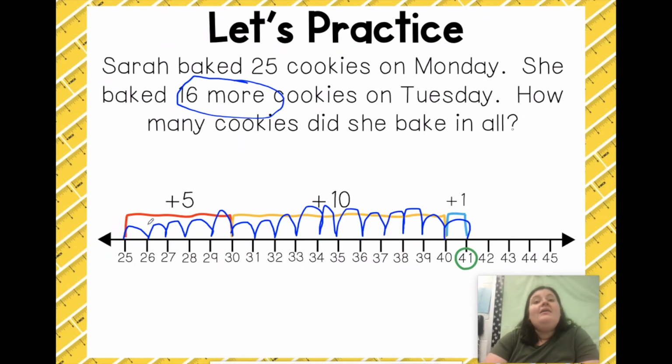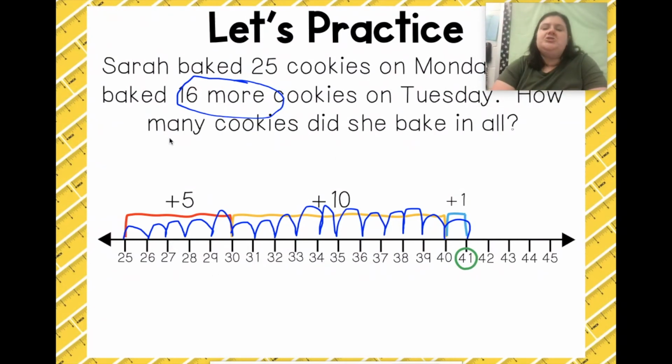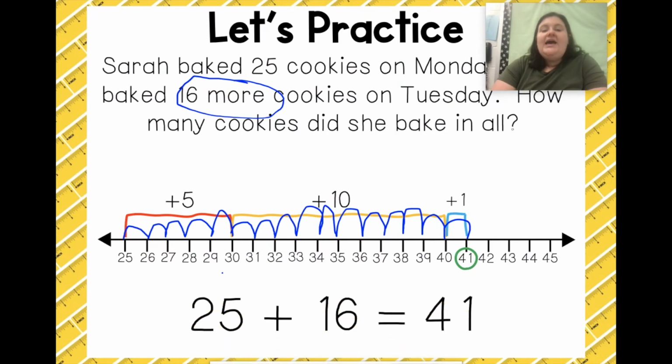Now, while I'm using the number line to represent this addition problem, let's go ahead and use an actual equation to represent this addition problem. So I have 25 cookies. Sarah bakes 16 more for a total of 41. This equation down here is the same as this number line up here. I'm just representing the equation in two different ways.